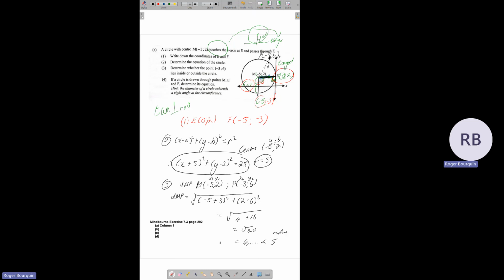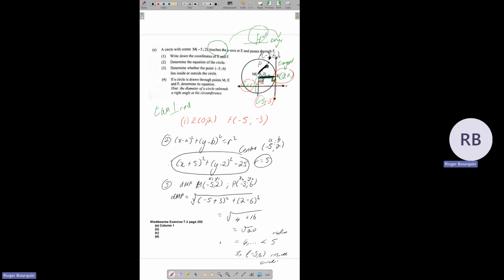So the distance is less than 5. In other words, P must in fact be inside the circle, because the distance between M and P is smaller than 5. If it's bigger than 5, it would be outside the circle. So the distance between M and P is smaller than the radius, therefore the point -3, 6 lies inside the circle. All right. Hope that makes sense.